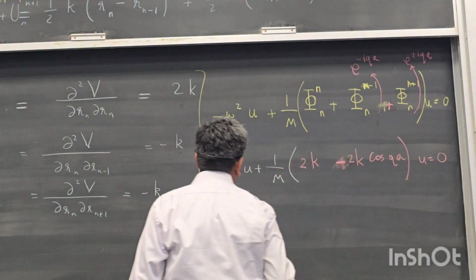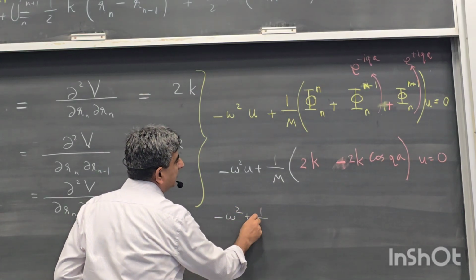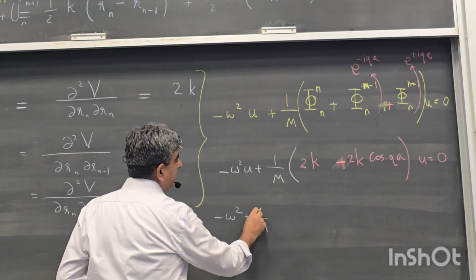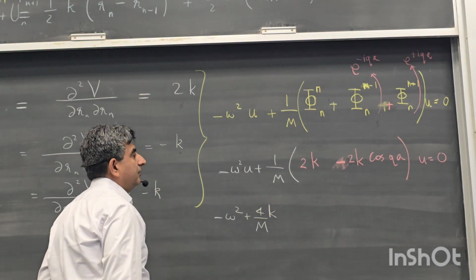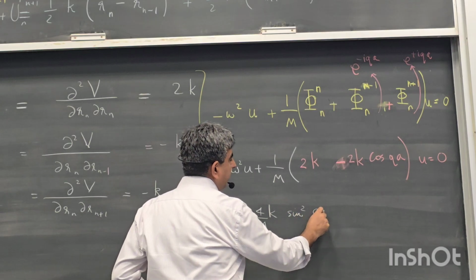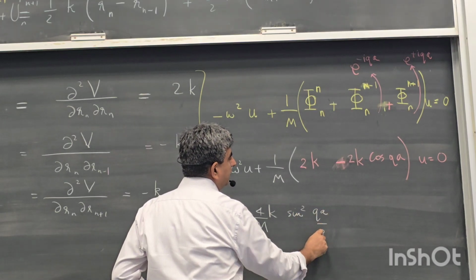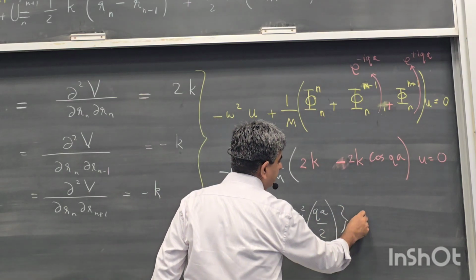So this would result in minus omega square plus 1 over m 4k sine square Qa over 2, u is 0.